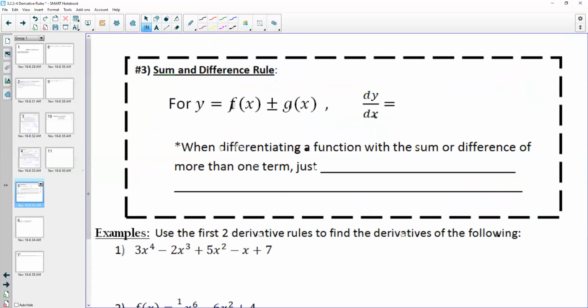Okay, rule number 3 for today, and this is going to be the last rule that we will introduce. So the sum and the difference rule. For y is equal to f of x plus or minus g of x, it will just be the derivative of f of x with respect to x plus or minus the derivative of g of x with respect to x.